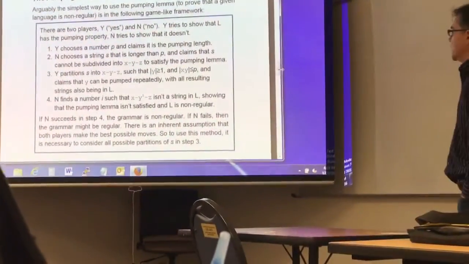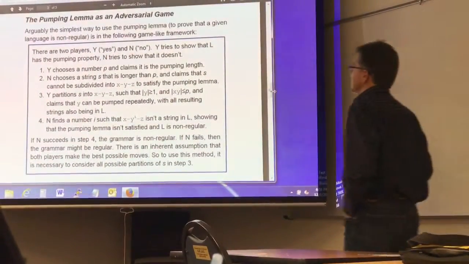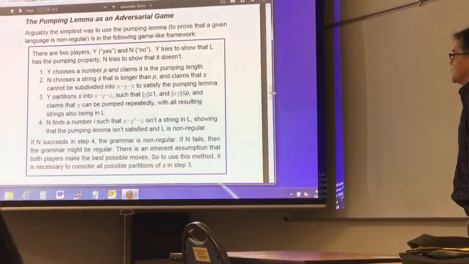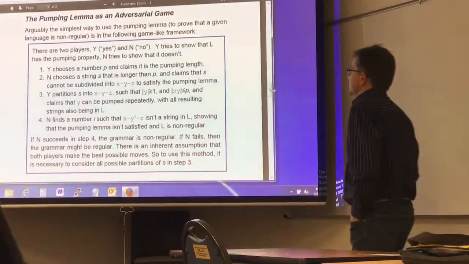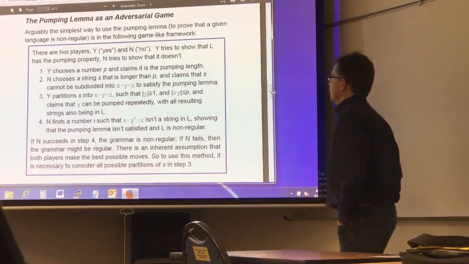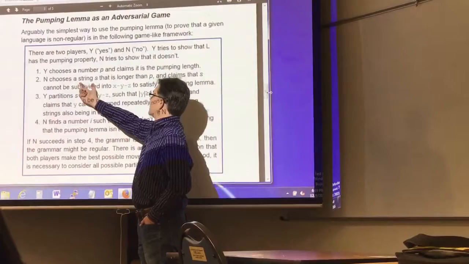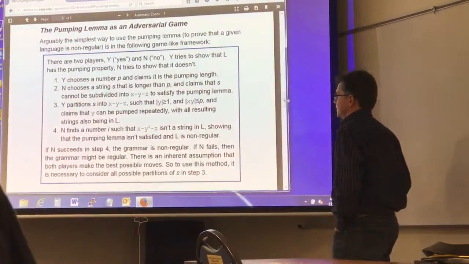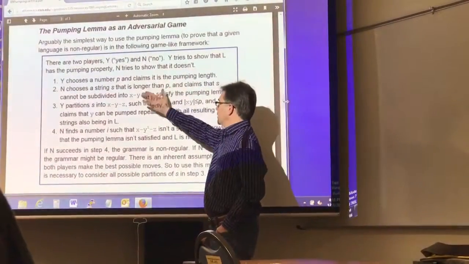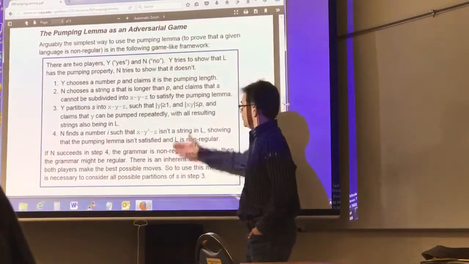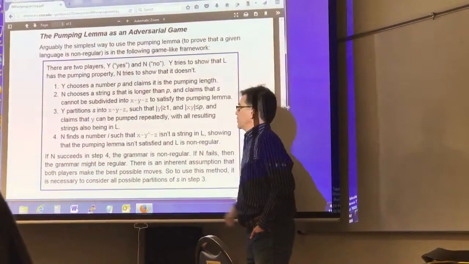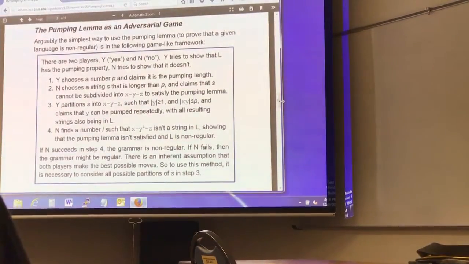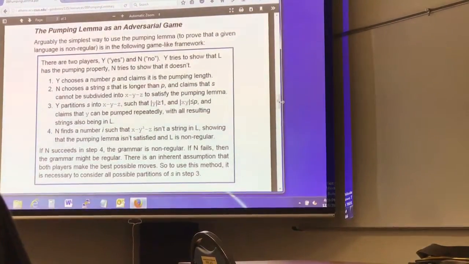And then you should be able to apply the pumping lemma in a reasonably simple case, similar to what you had to do on the quiz, where I give you a language and you show me, using the steps of the pumping lemma, that it is not regular by stating a particular string and then showing that it can't be pumped, by explaining what the limitations on the pumping zone are and finding a particular number i of times that pumping occurs and the string that results that isn't in the language.